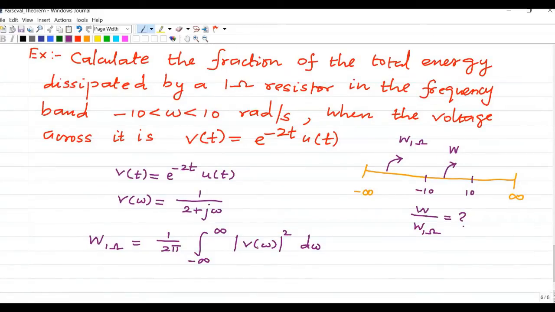So we need absolute V of omega the whole square. I can write this as V of omega multiplied by V conjugate of omega. This is a very simple signal processing property.